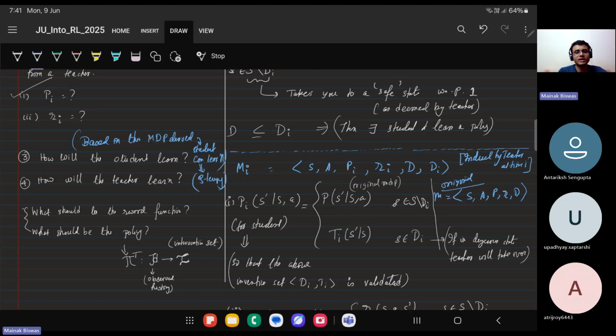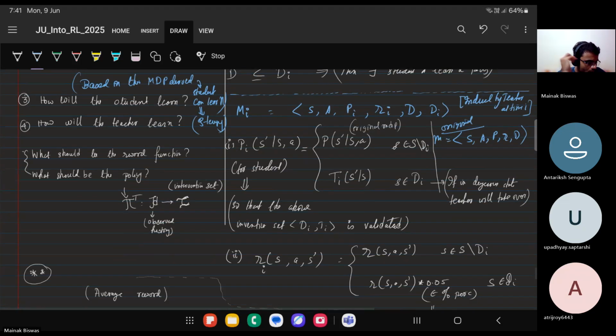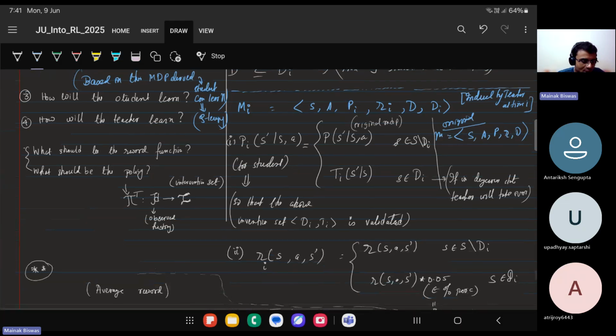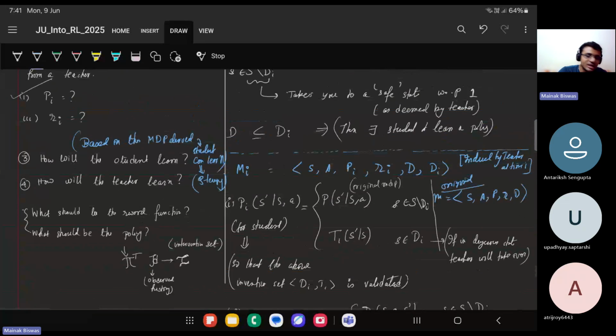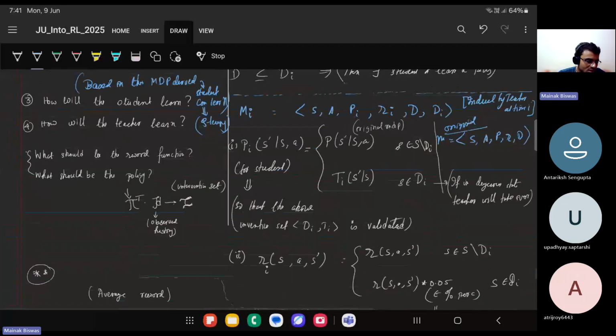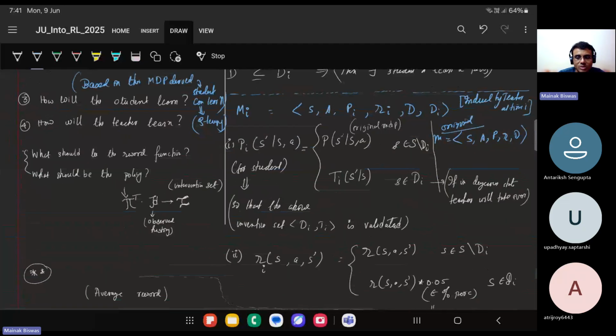Now, if you want the teacher to learn, what will you do? And what is its policy? What is it going to learn? This is a bit complex, so we'll not go into details, but I'll give you the overall idea. Student's learning is clear, right? Once you have the policy and the reward function, it can learn using the Bellman equation. Clear?